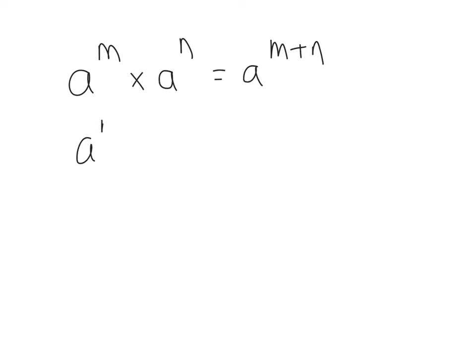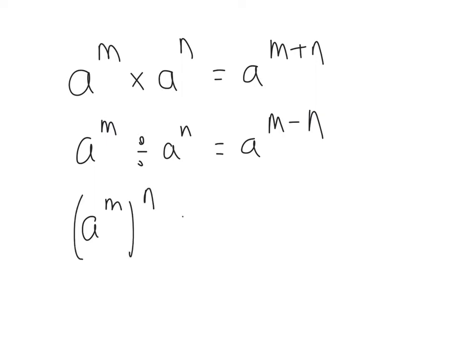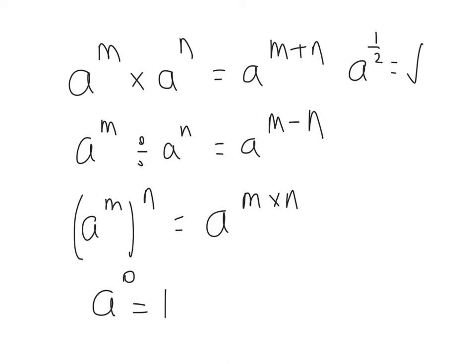And then a to the power m divided by a to the power n is a to the power m minus n. We then got a to the power m brought to the power n is equal to a to the power m times n. A to the power 0 is equal to 1. A to the power 1/2 is equal to the square root of a.